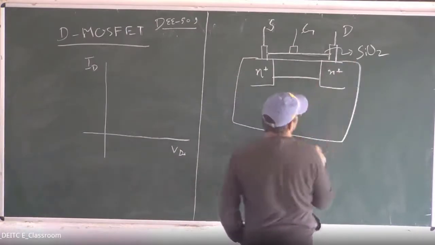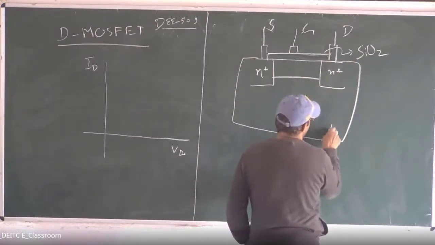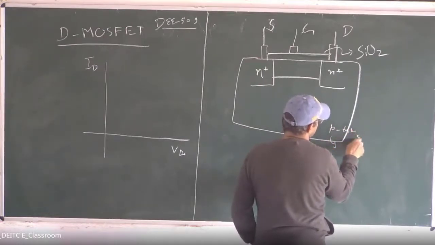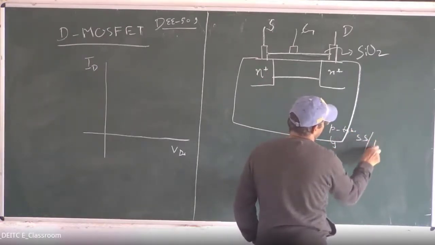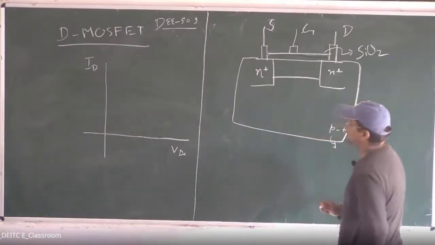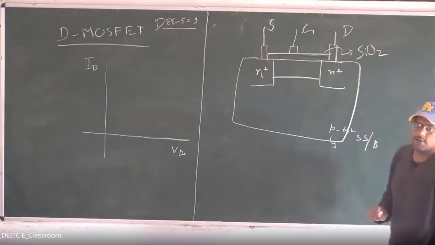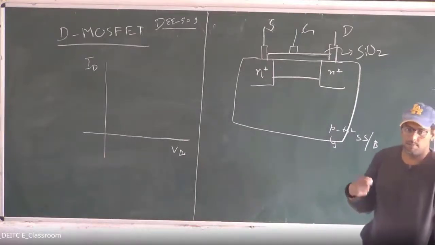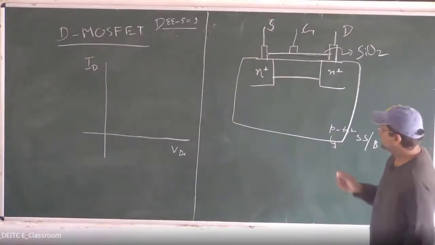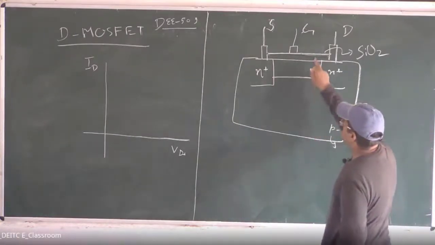This is the P substrate, P-type silicon, or it is also called the body. And we have seen in the previous lecture the basic difference between the MOSFET and JFET, this silica layer.